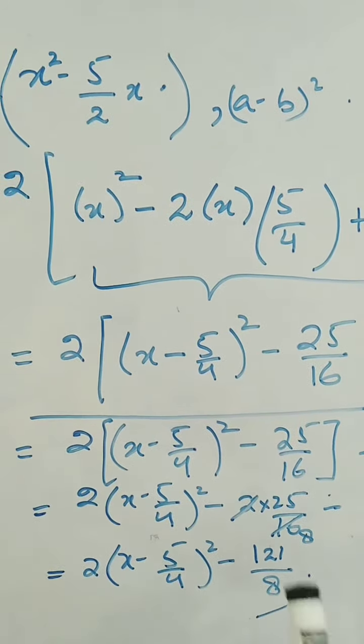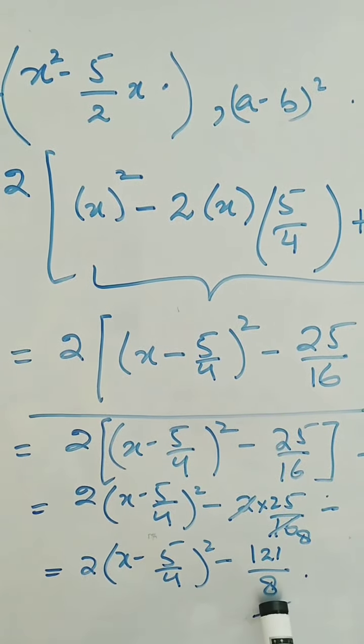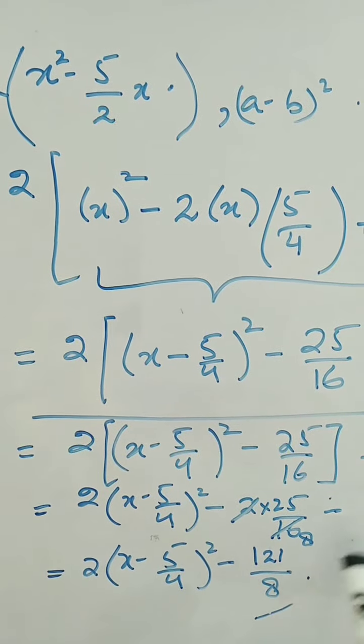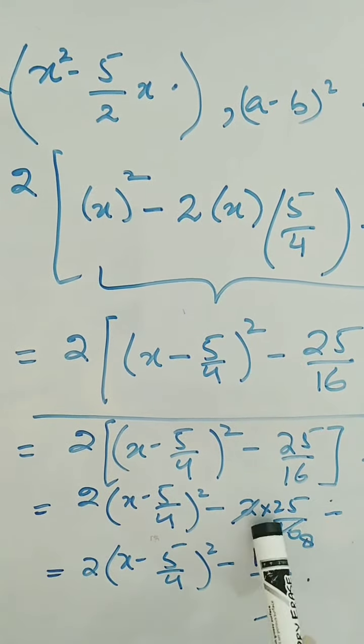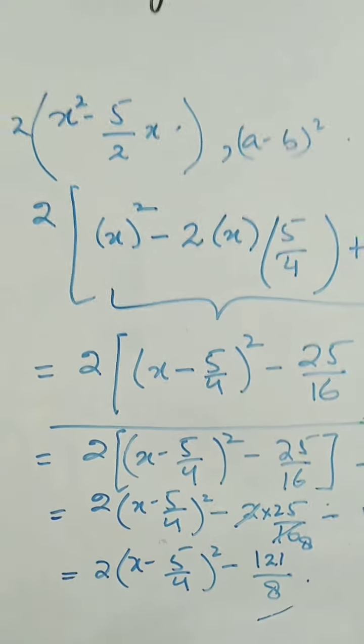We have just taken the LCM over here. 8 is in the denominator, and when 8 multiplies with 12 and is subtracted from 25, we have 121.